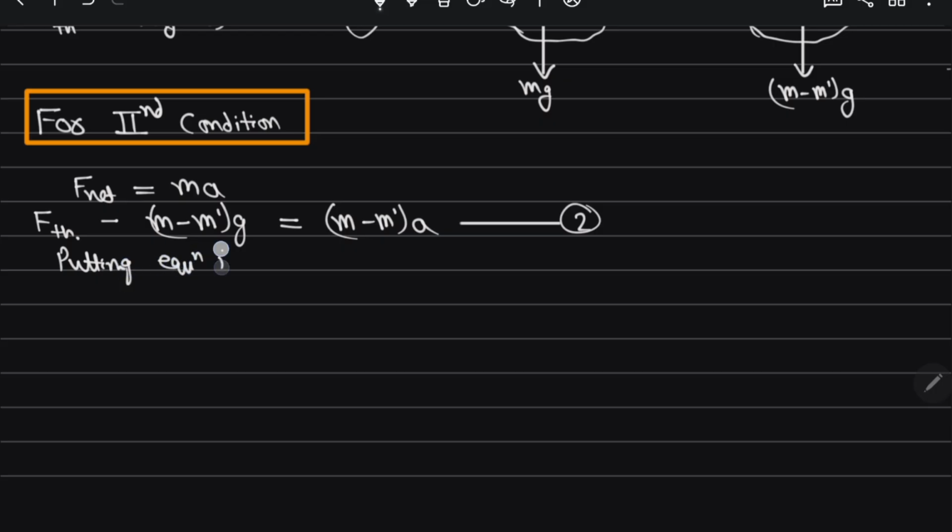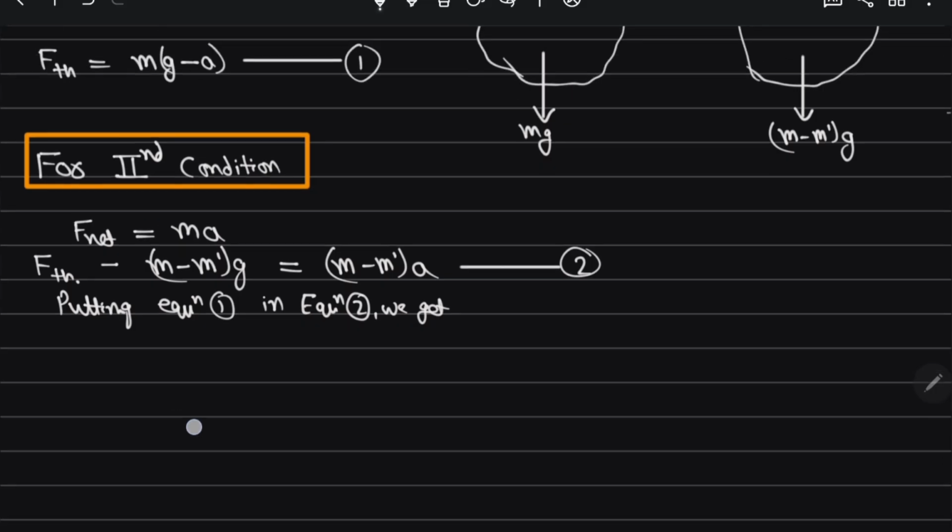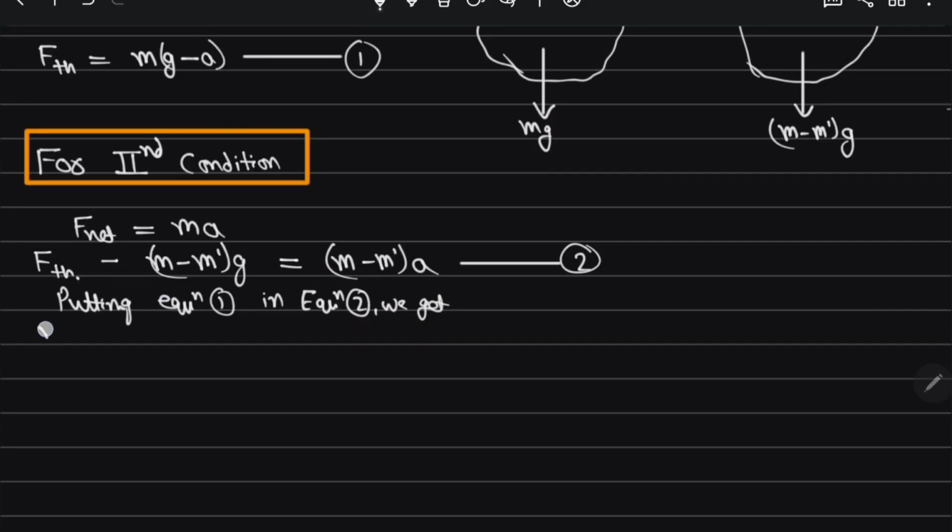Putting equation first in equation second, we get F thrust value is m(g minus a), that is minus (m minus m dash) into g, that is (m minus m dash) into a.